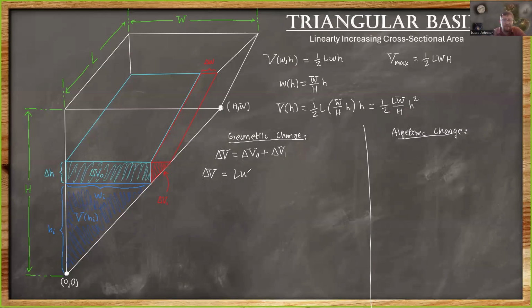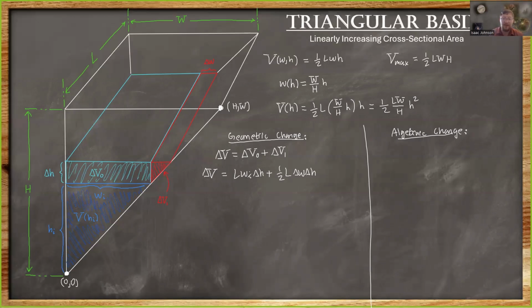Then the volume of the triangular wedge would be length times change of width times change of height. Almost. You're missing one thing. 1/2. Exactly, because what you said would be the rectangular version of that.